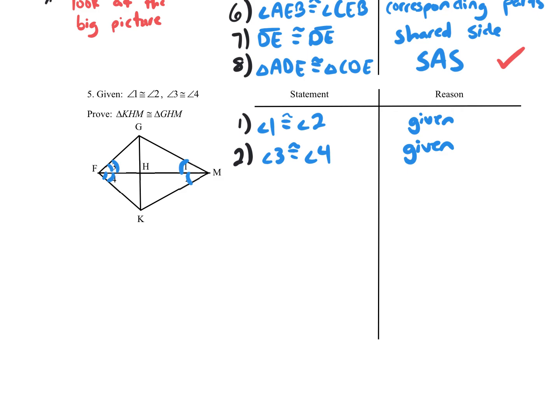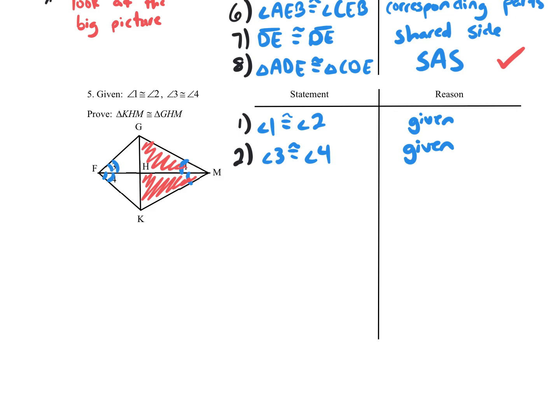Okay, what do we want to do once we have our given statements? Right, and specifically since we have more than 2 triangles we're dealing with here, what do we want to look at? Big picture. Again, what might help is shade in the 2 triangles you are trying to prove. So triangle KHM is congruent to GHM.